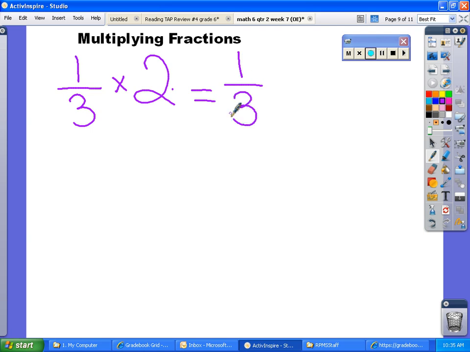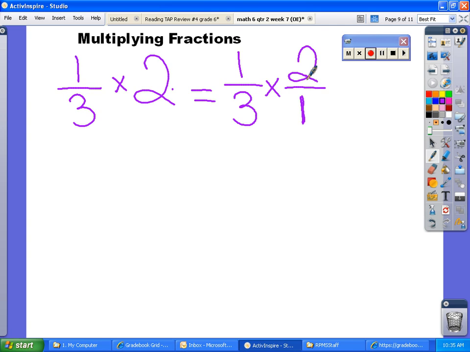Now for a whole number, all you have to do is put that whole number over the number 1. And what that's saying is your denominator tells you how many pieces make the whole. So here it's saying 1 piece makes 1 whole. I have 2 pieces, so that must mean I have 2 whole items. Okay, this does not change the value of this number. This still says 2. It's an improper fraction.